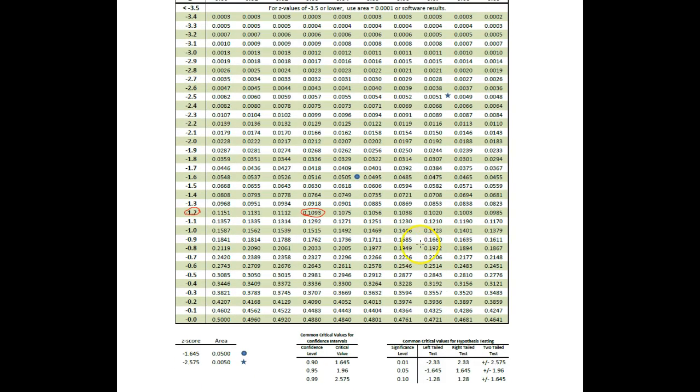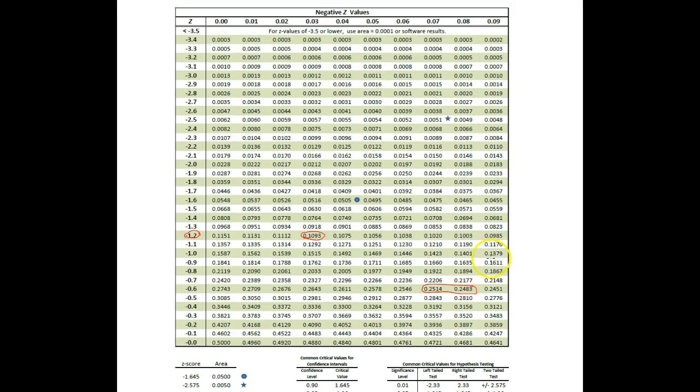So I got my 0.2s down here. I got 0.2420, 2451, 2483, 2514. So it's somewhere in between here. So I'm going to go with whichever one is closer. If you take a few seconds, the left number here is off by 0.0014.